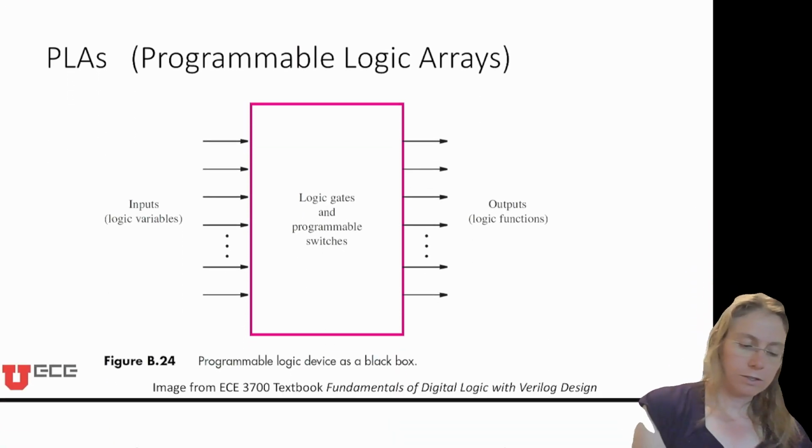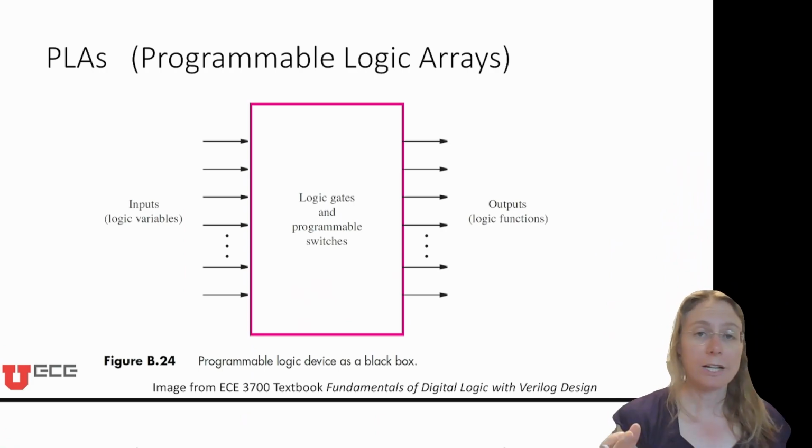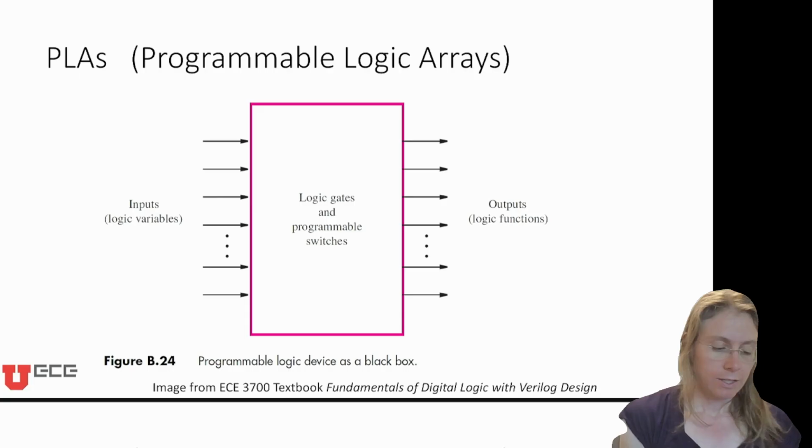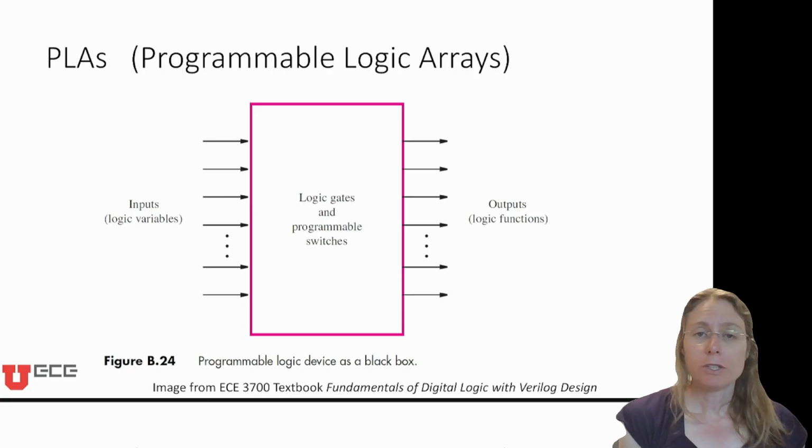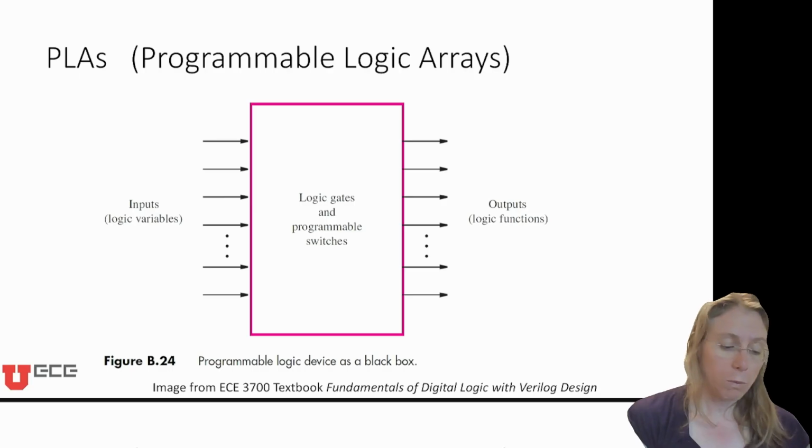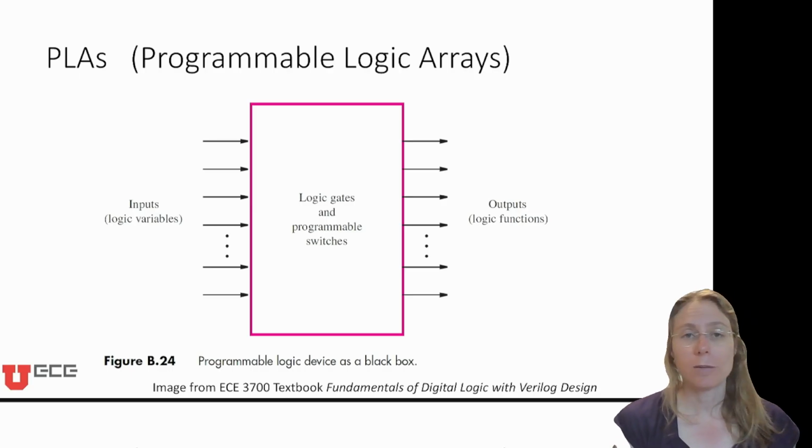And so we can just generalize this and create a grid of a bunch of NOT gates, AND gates and OR gates. And then we can program connections to connect to those gates as desired and create any logic network we want. And that is called a programmable logic array.